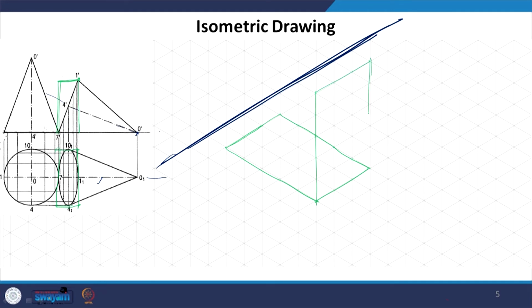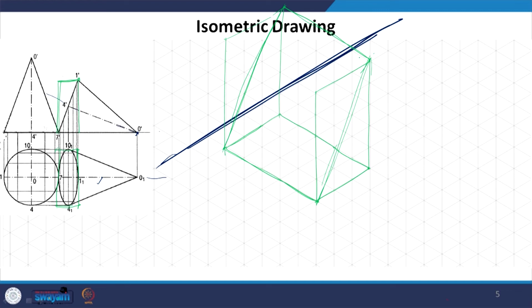Okay. Right. So, if we see it in the front, we know that this is the plane where the base of the cone is going to come, right. Now, we can mark all these points.